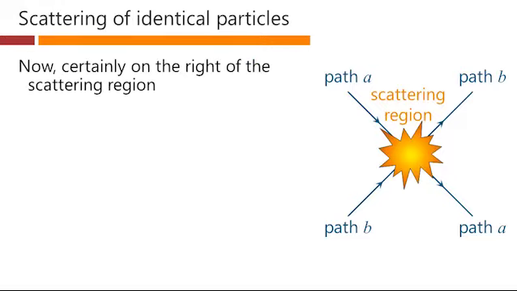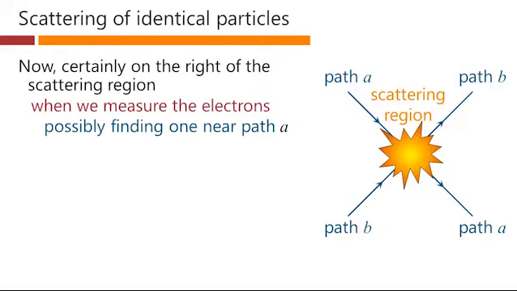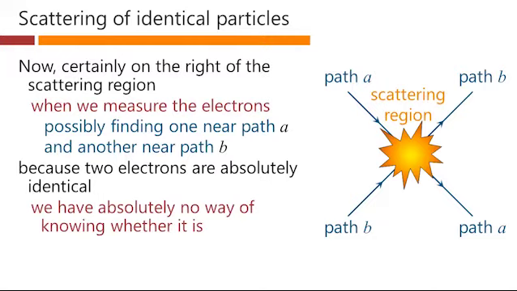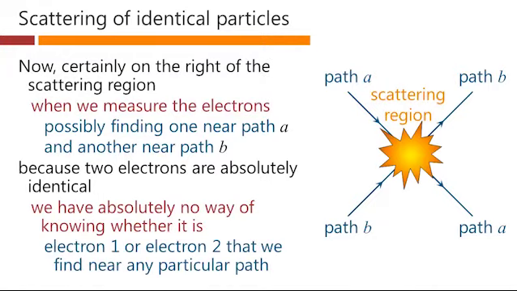Now, certainly on the right of the scattering region, when we measure the electrons, possibly finding one near path A and another near path B, because the two electrons are absolutely identical, we have absolutely no way of knowing whether it is electron 1 or electron 2 that we find near any particular path.